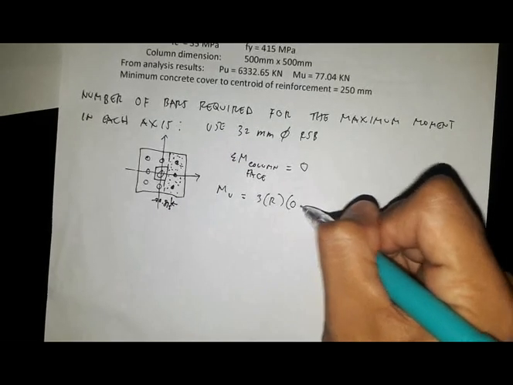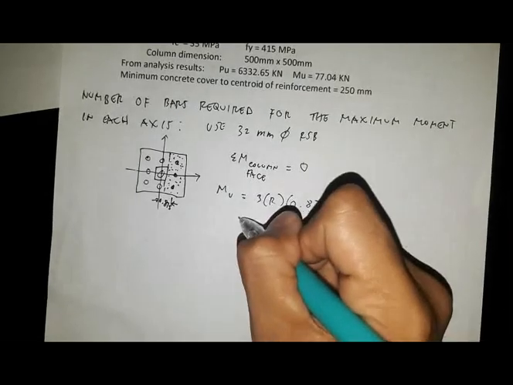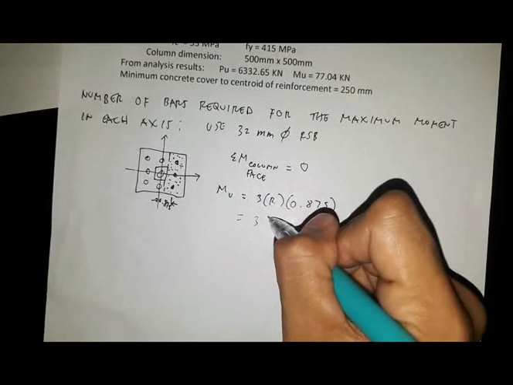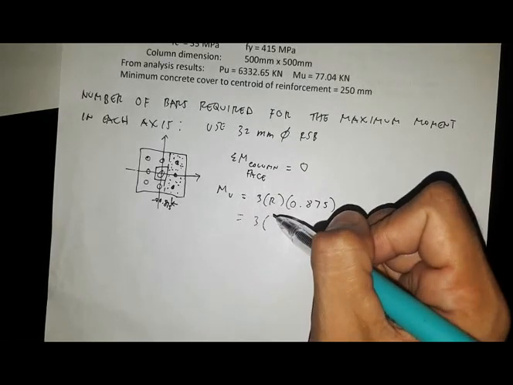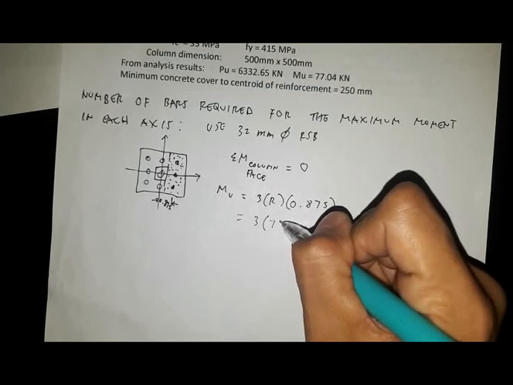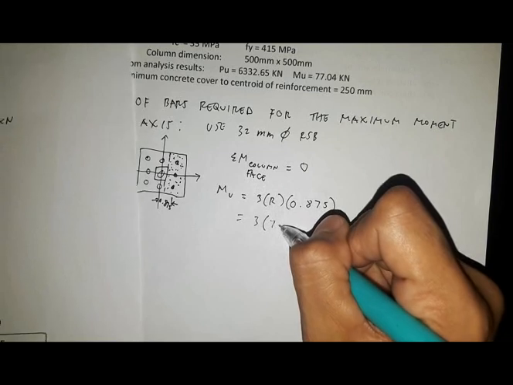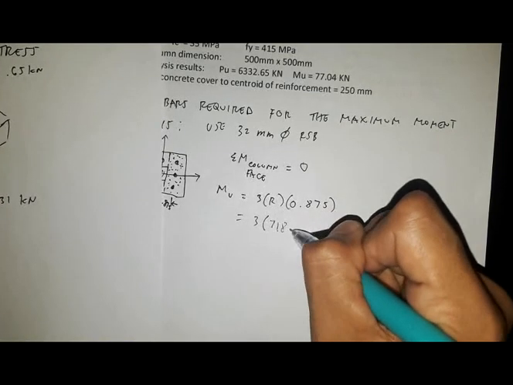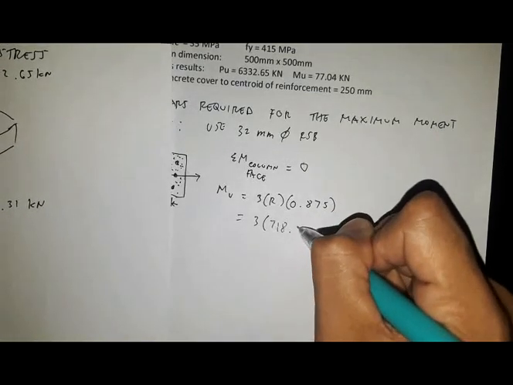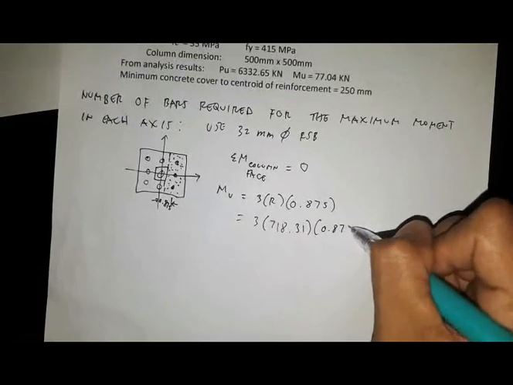So substitute 3 times, so the reaction is 718.31 times the moment arm 0.875.